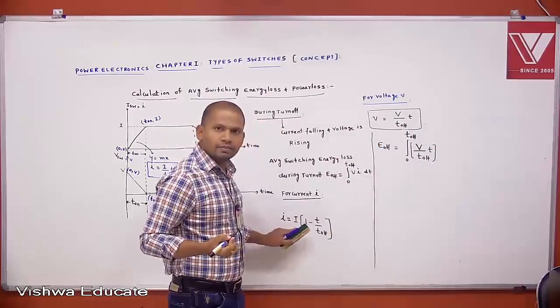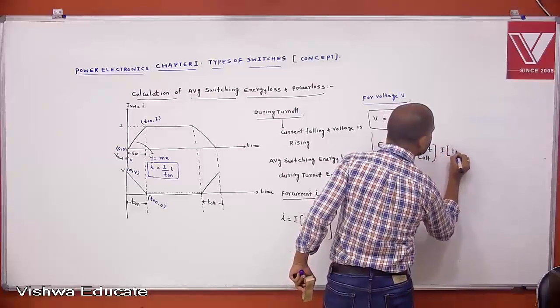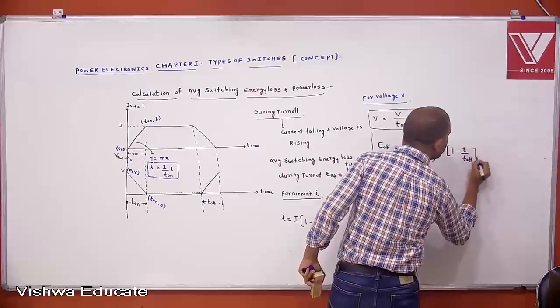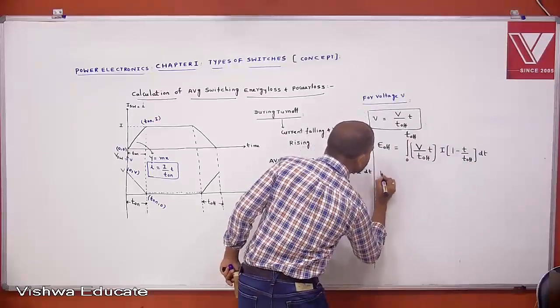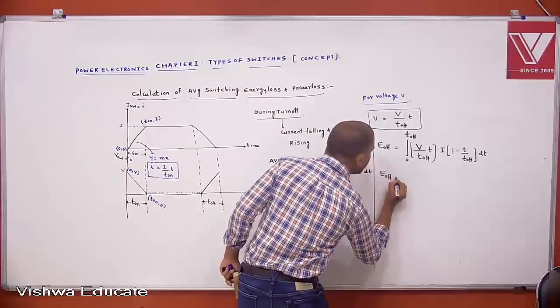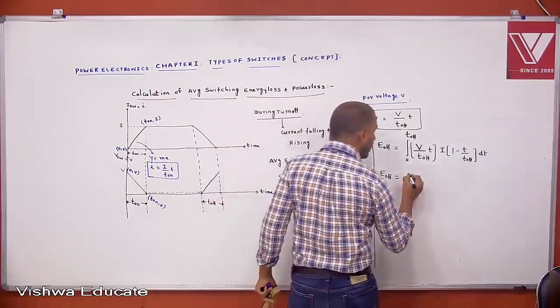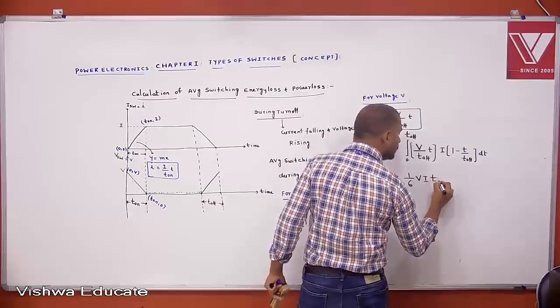You have written I into 1 minus T by T off into dt. Then integrate and substitute the limits. Then what you get? Off state energy loss, 1 by 6 Vi into T off.